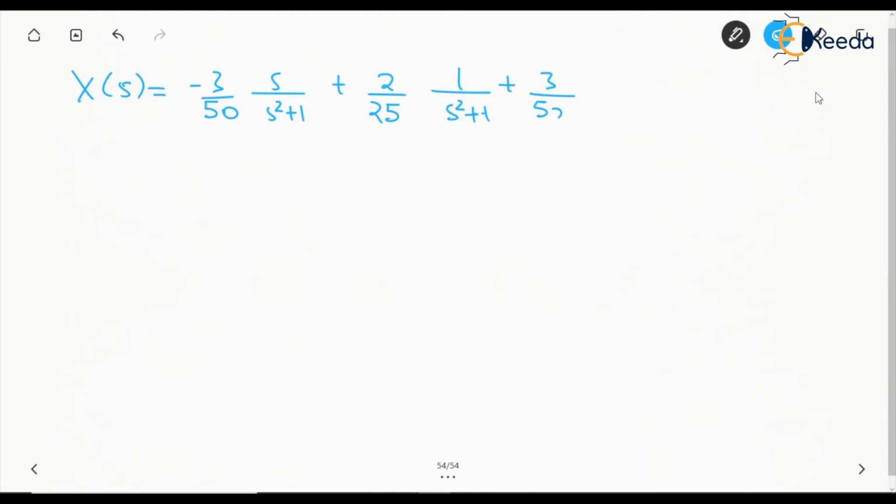So this is going to be x of s equal to minus 3 by 50 times of s by s square plus 1 plus 2 by 25 into 1 by s square plus 1 and 3 by 50 for 1 by s plus 3 and plus 1 by 10 for 1 by s plus 3 whole square.